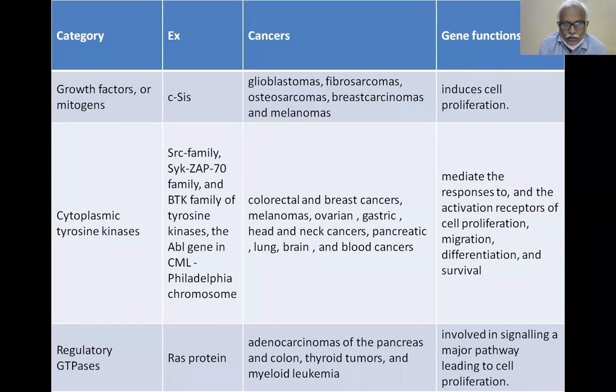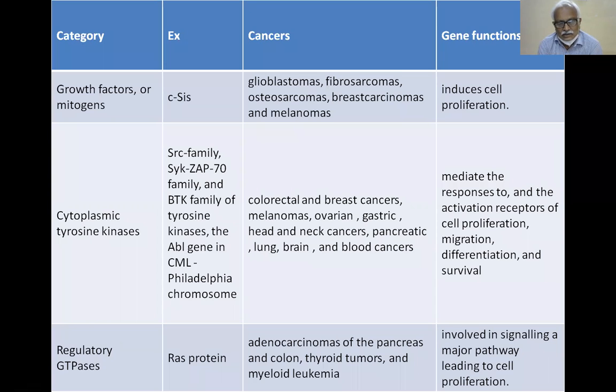So they lead to colorectal and breast cancers, melanomas, ovarian cancers, gastric cancers, head and neck cancers, pancreatic cancers, lung cancers, brain cancers, and blood cancers. What not? A big jumble of all the tangling cancers will be there. They mediate the responses to the activation of receptors: cell proliferation, migration, differentiation, and survival.